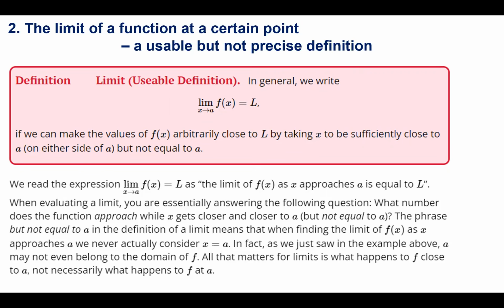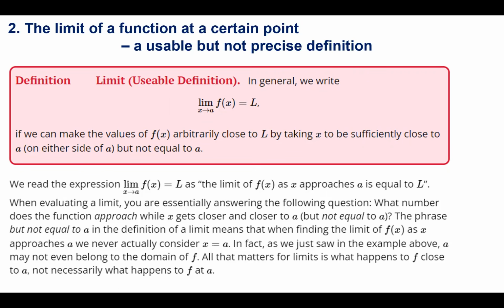The phrase "but not equal to a" in the definition of a limit means that when finding the limit of f(x) as x approaches a, we never actually consider x equals a. In fact, as we just saw in the example above, a may not even belong to the domain of f(x).